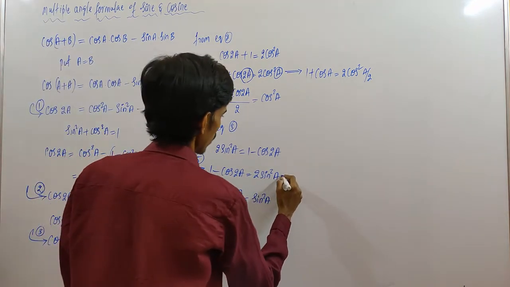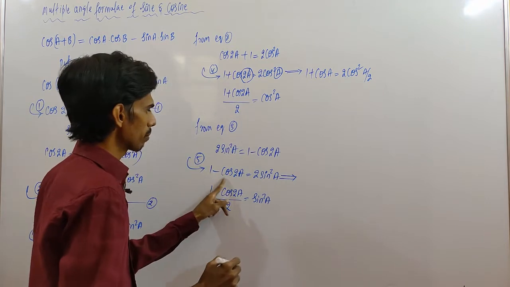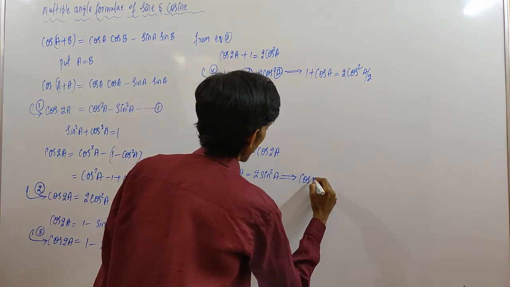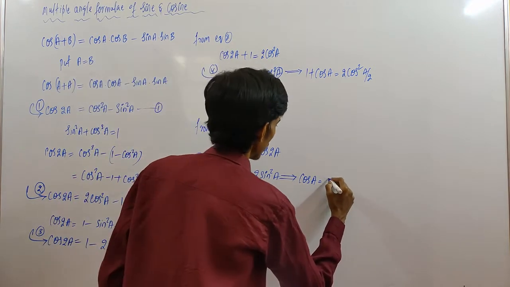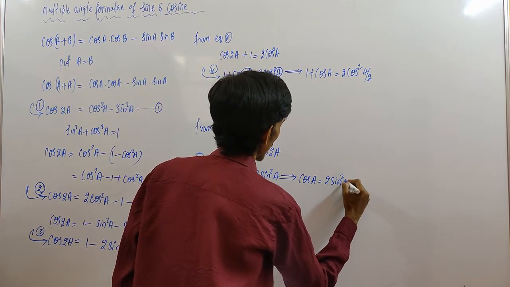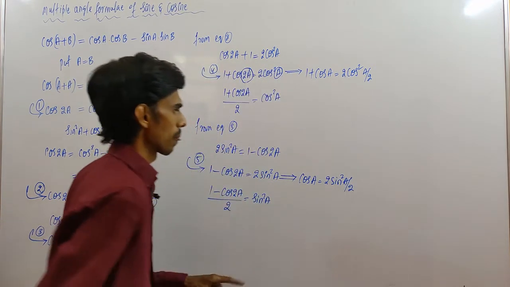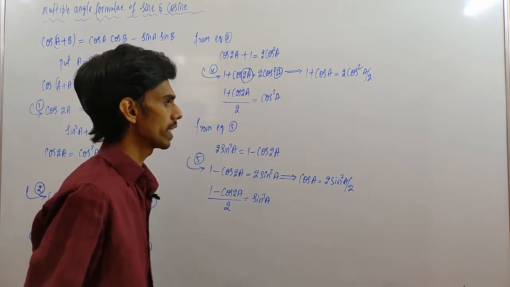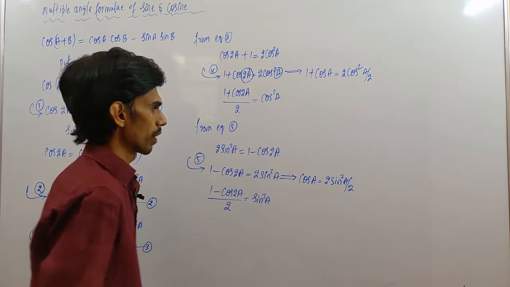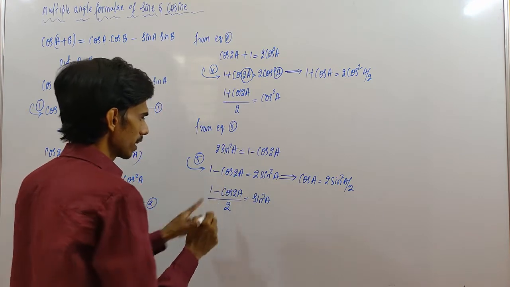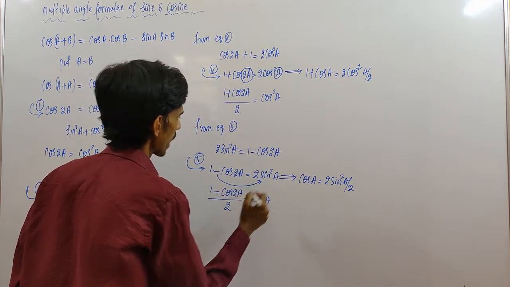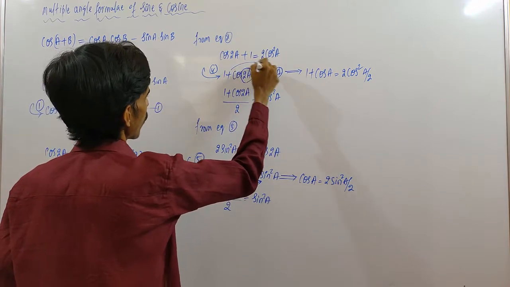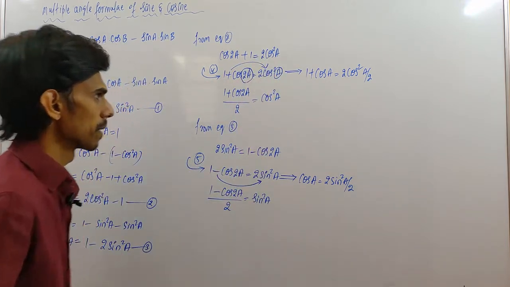Similarly, from this we will get the 1 minus cos A formula. 1 minus cos A, with half the value, will become 2 sin square A by 2. Here A is there, so half of A is A by 2. Whenever we get a minus sign, 1 minus cos, we will get sine. Minus for sine and plus for cos.